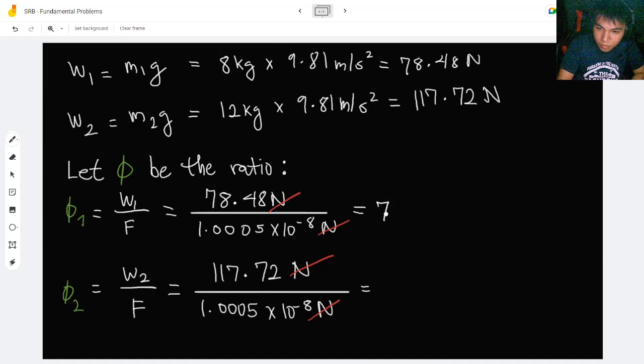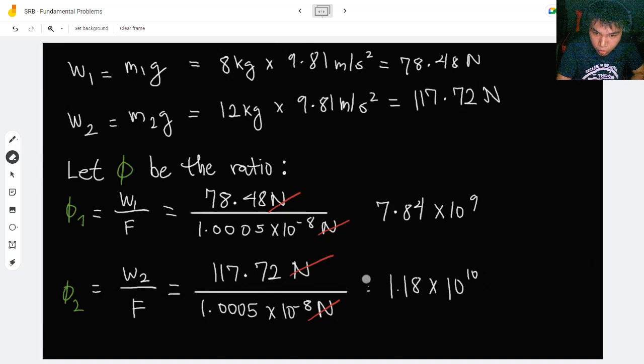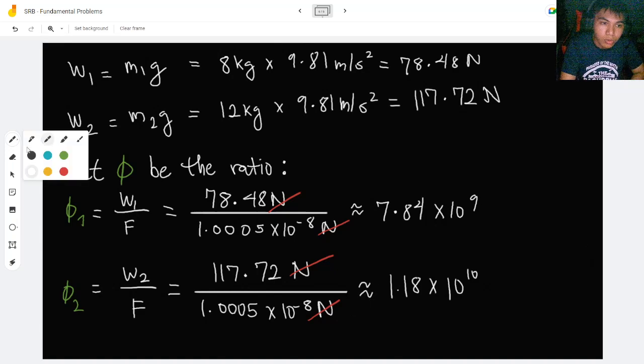So it's 7.84 times 10 to the ninth power, and for this one, this is 1.18 times 10 to the 10th power. And let me change the equal sign to approximately, since we're not using the exact value, since we rounded off. So what do these values mean?